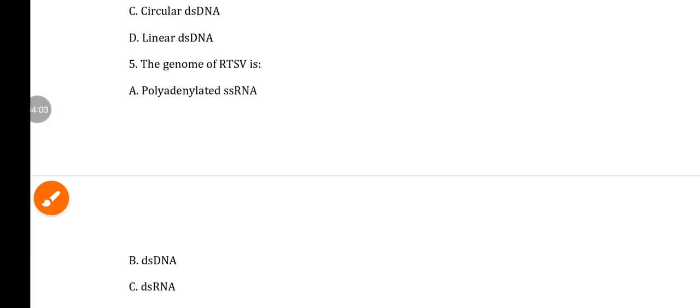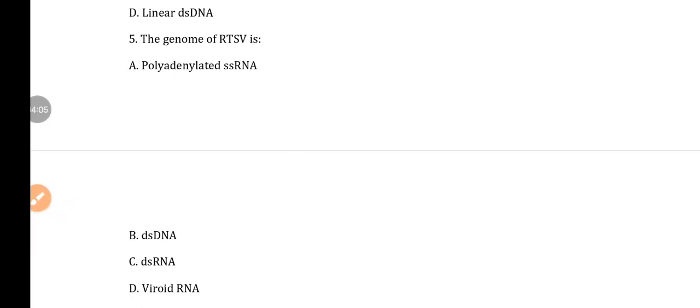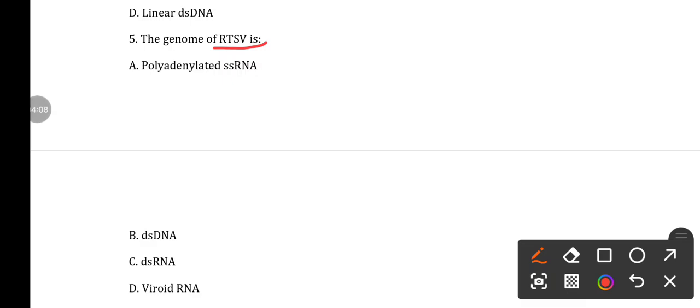Then what about the genome of RTSV, or Rice Tungro Spherical Virus? Option A, polyadenylated single stranded RNA; option B, double stranded DNA; option C, double stranded RNA; or option D, viroid RNA. So here the answer for the spherical virus is polyadenylated single stranded RNA.